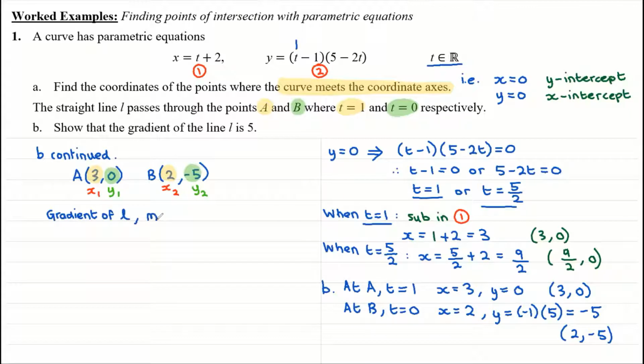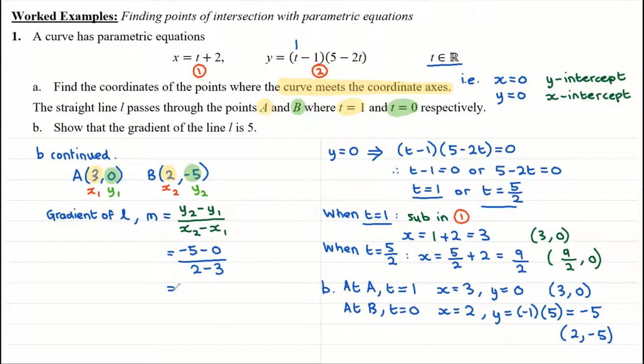So the gradient of L, which we usually call m, don't we? It's simply going to be y2 subtract y1 over x2 subtract x1, so the change in y over the change in x. So we have to show that this gradient is 5. So let's sub everything in. So we're going to have y2, which is negative 5, subtract 0 over x2, which is 2, subtract x1, which is 3.